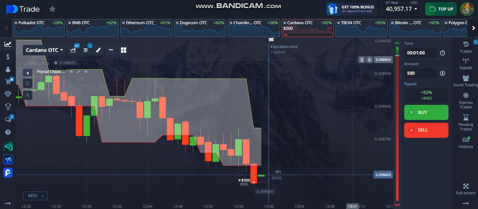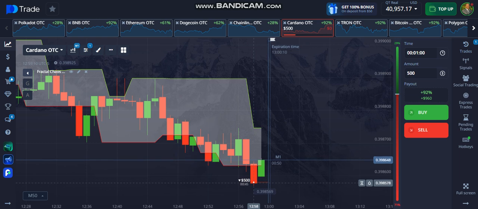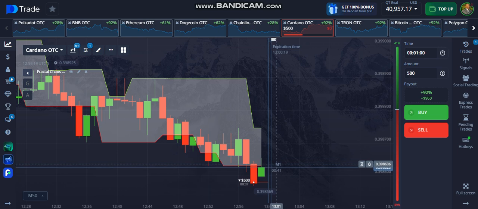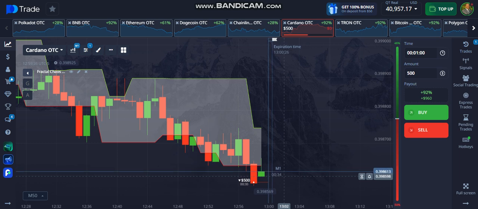Okay, so I'm on Cardano and I just took a sell trade here. And the reason why I took the sell trade is because the previous red candle closed below the Fractal Chaos line boundary, which suggests that there's going to be a continued downward trend in the price.